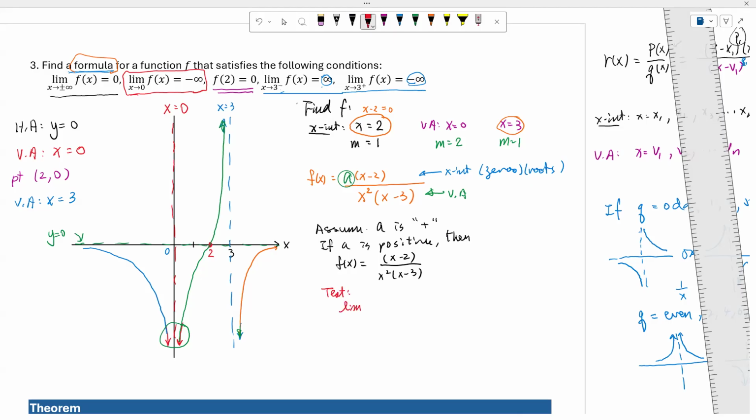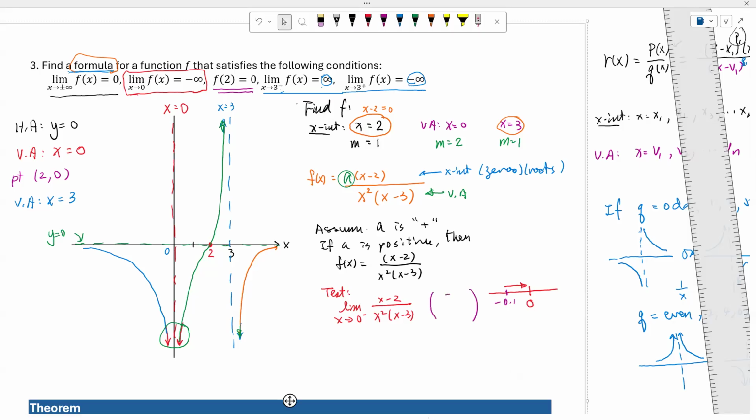If I take the limit as x approaches 0 from the left of x minus 2 over x squared times x minus 3, the number that we could plug in is maybe negative 0.1.